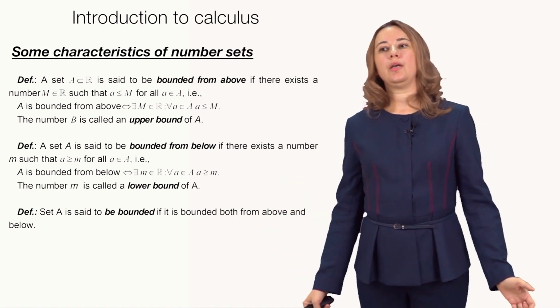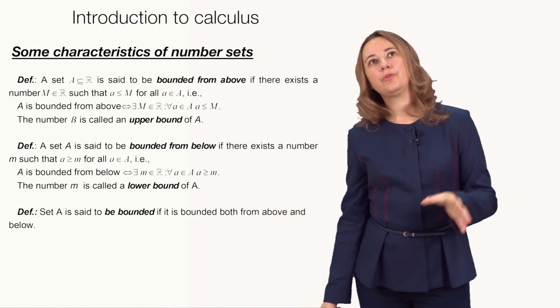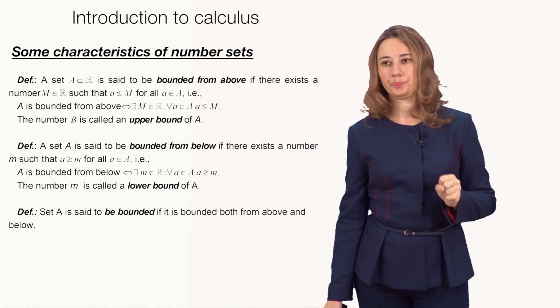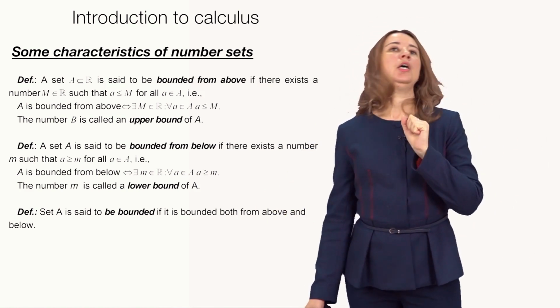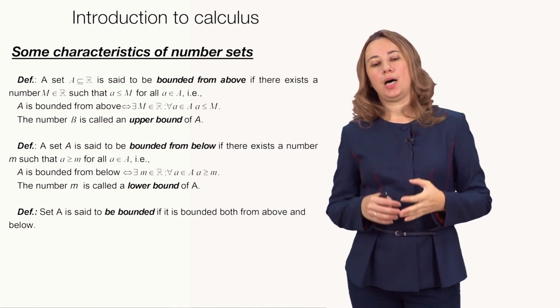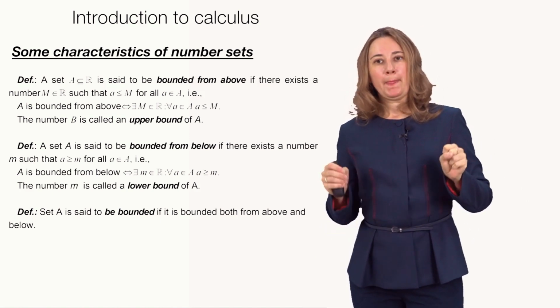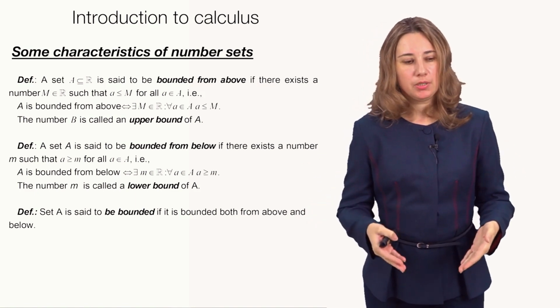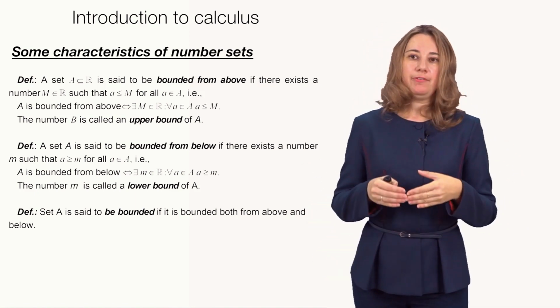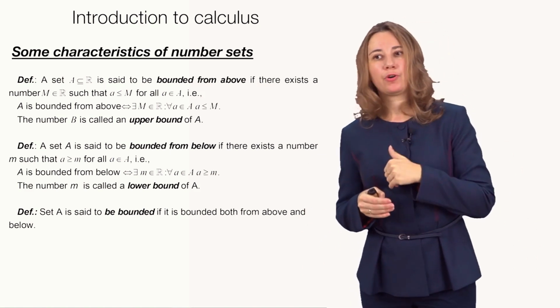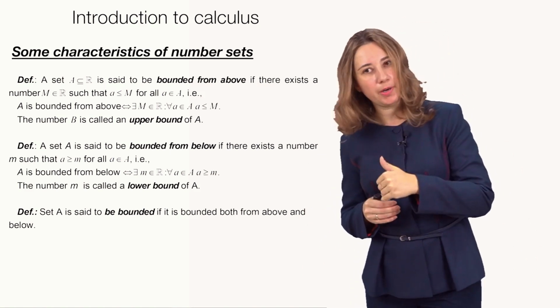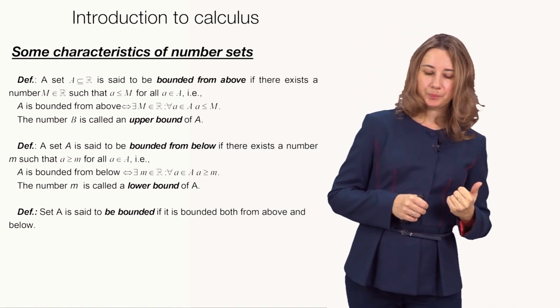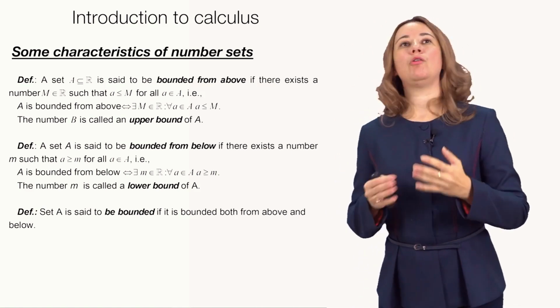Well, we can formulate the following proposition. But before we do that, let's give the definition. A set A is said to be bounded, just bounded, if it is bounded both from above and from below. And now, our proposition.